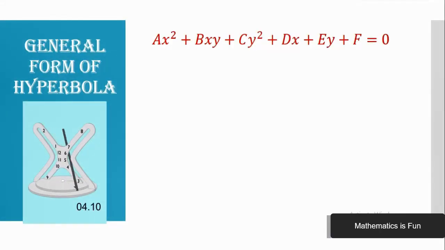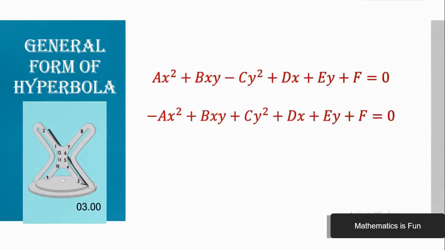Here we are looking for the equation of a hyperbola. If A and C have opposite signs, then it becomes the equation of a hyperbola. There are two different equations of hyperbola. In the first equation, A has a positive sign and C has a negative sign, and in the second equation, A has a negative sign and C has a positive sign.